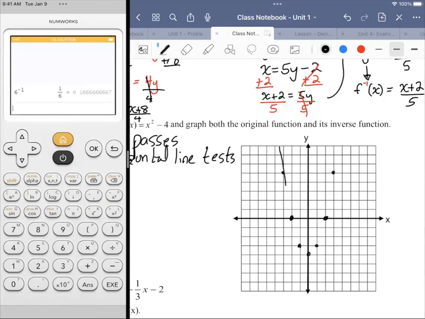So this is the parabola y equals x squared minus 4. I always miss on the right side. I don't know why. All right, so it looks something like this. Now, the vertical line test, just as a refresher, I'm going to draw a vertical line here.